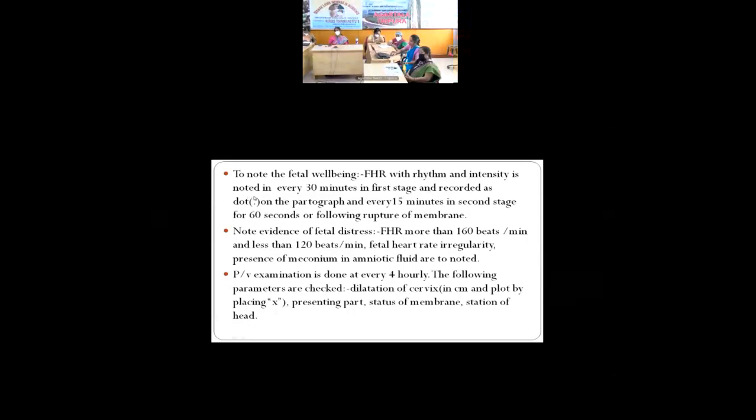To note fetal well-being, FHR with rhythm and intensity is noted every 30 minutes in the first stage of labor, recorded as a dot on the partograph. In the second stage, it is recorded every 15 seconds for 60 seconds, and following rupture of membrane.